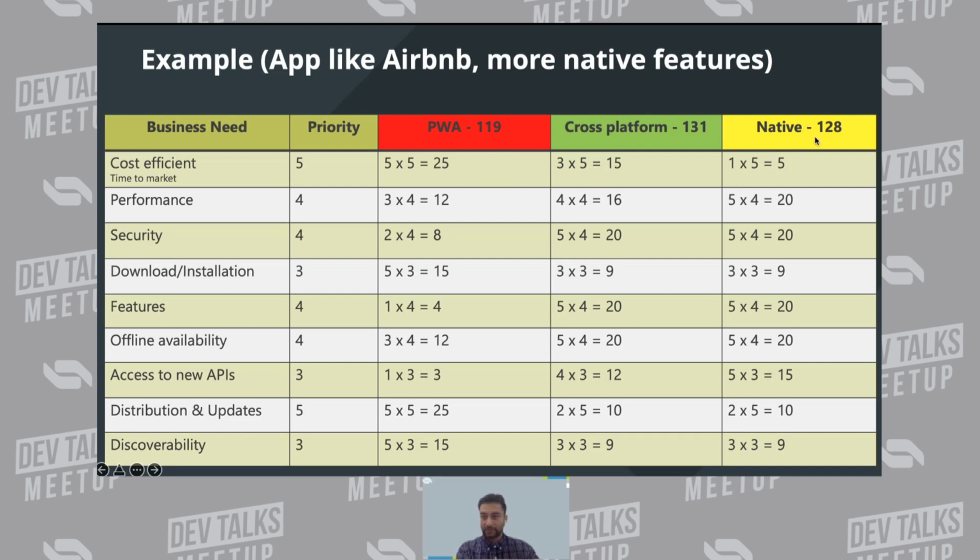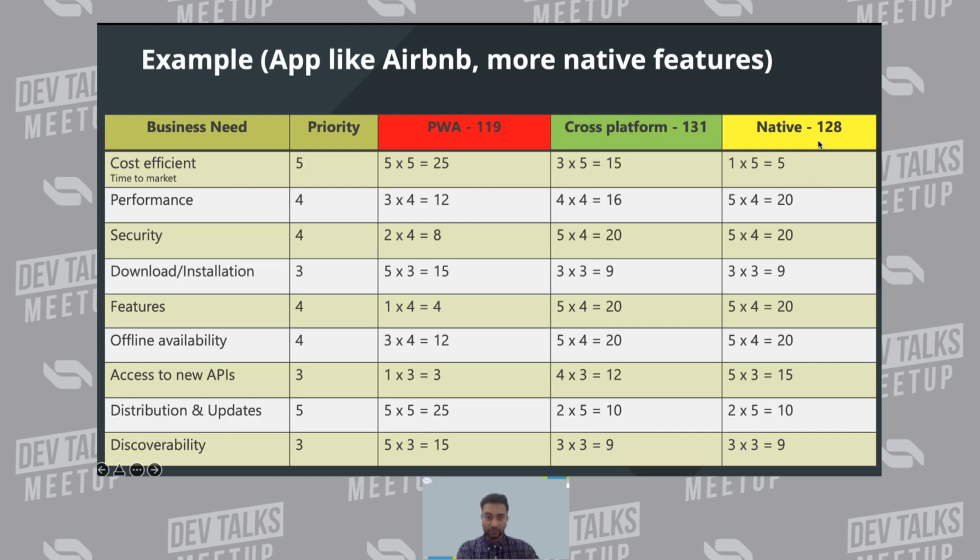Similarly, the native app is also not the highest, as we rated cost efficiency as our top priority, and we know that native apps require separate development on both iOS and Android platforms.